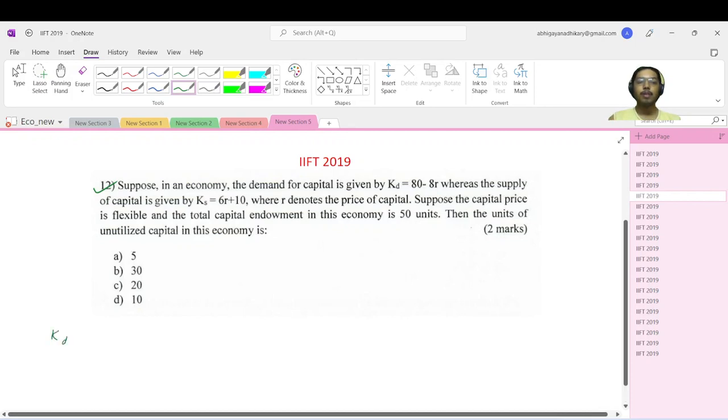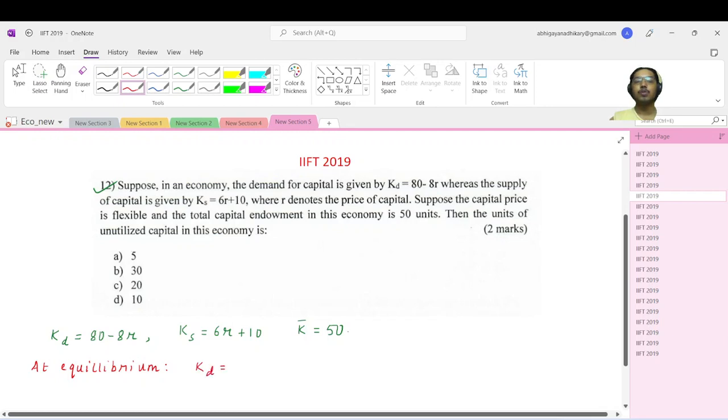So you have the demand for capital equation, which is 80 minus 8R, your supply for capital equation, which is 6R plus 10, and the total available capital in the economy is 50. So since R is flexible, what will happen at equilibrium?